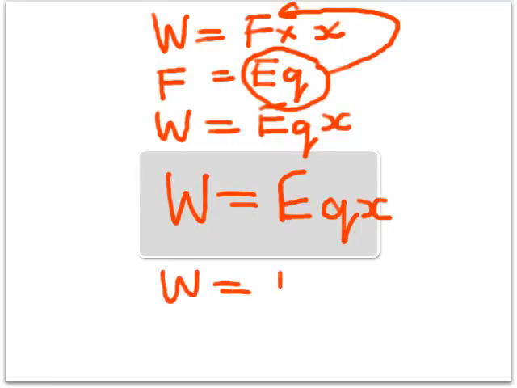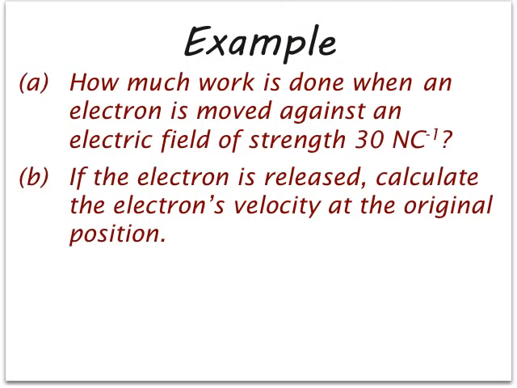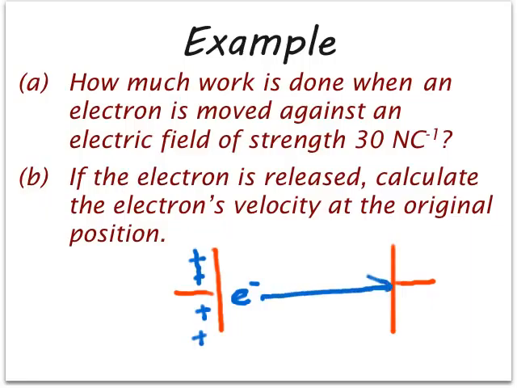Sometimes you can write it like this. Okay, in this case we've got two plates, and we have an electron sitting here at the negative plate, and the positive plate is over here. What we're going to do is move it to this side here.